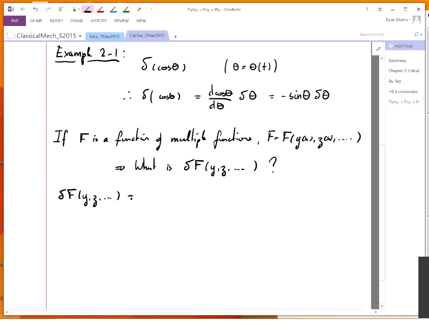Alright, so the variation of f is the varied value. So it's f evaluated when y has been varied and z has been varied, whenever the other things have been varied as well, minus f at the unvaried values of y, z, and whatever else we have.